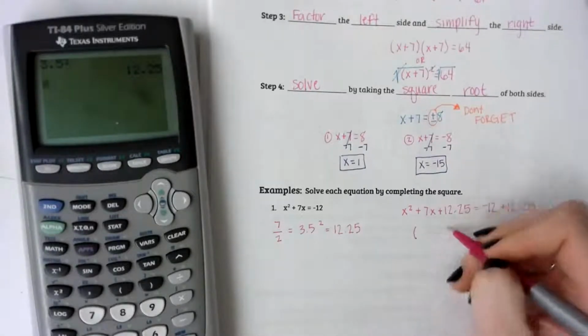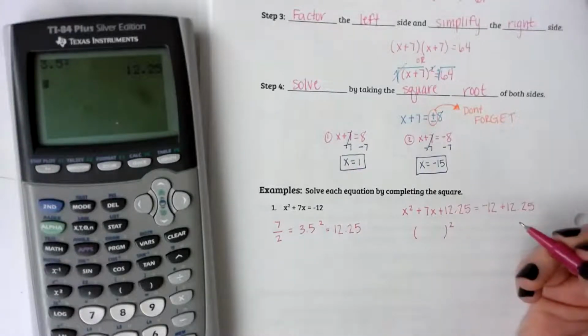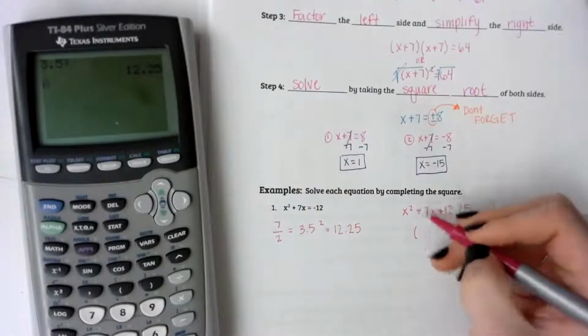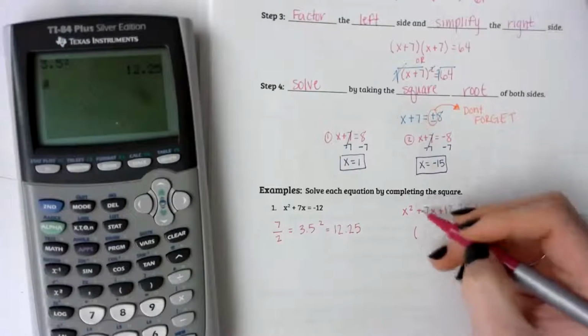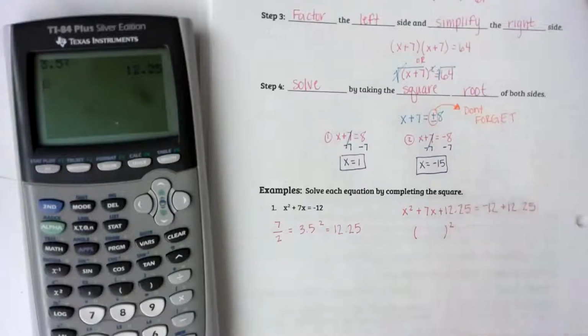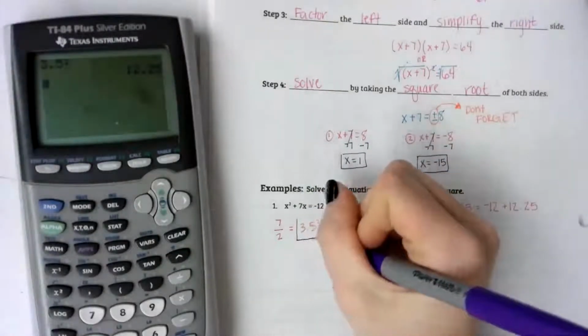So you're always going to have something squared, and then it's always going to be whatever sign that you've got here. So another way to know that is, so you're going to have x, and then it's whatever is right here.